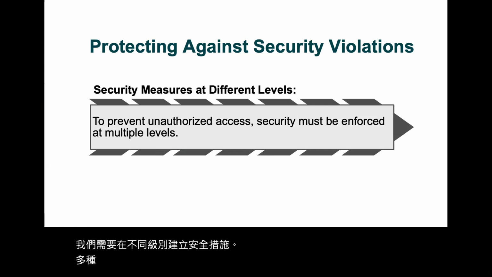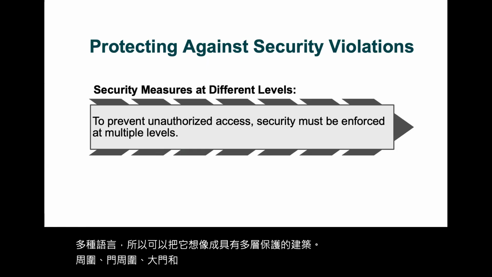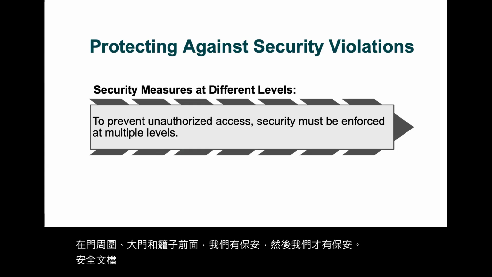So maybe think of it like a building with multiple layers of protection around the doors, the gate, okay, like in front of the gate we have security, and then after that we have security dogs, just in case there are suspicious items brought by the people inside the building. That's called multiple levels of security measures.